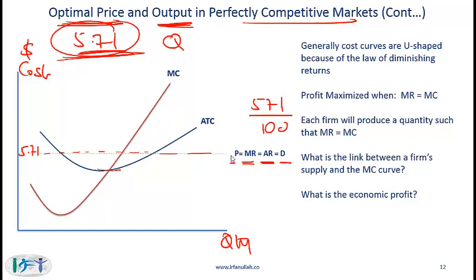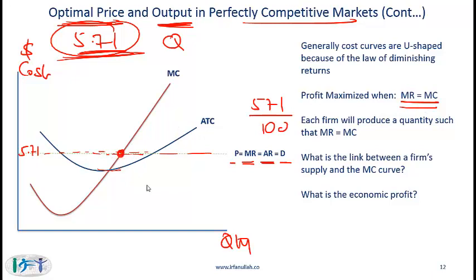Now, what is the quantity that will help us maximize our profit? We've done this several times, and here we'll do it again. The profit is maximized when marginal revenue is equal to marginal cost, and the reason has been discussed in the previous reading. So this is our marginal revenue curve.